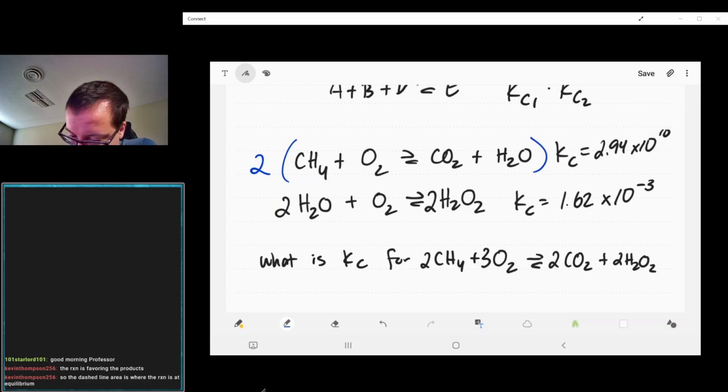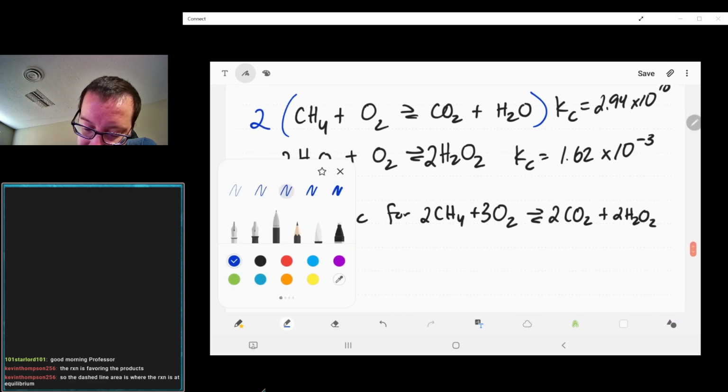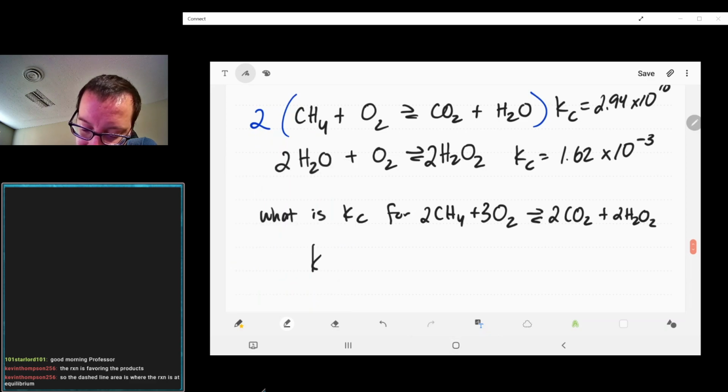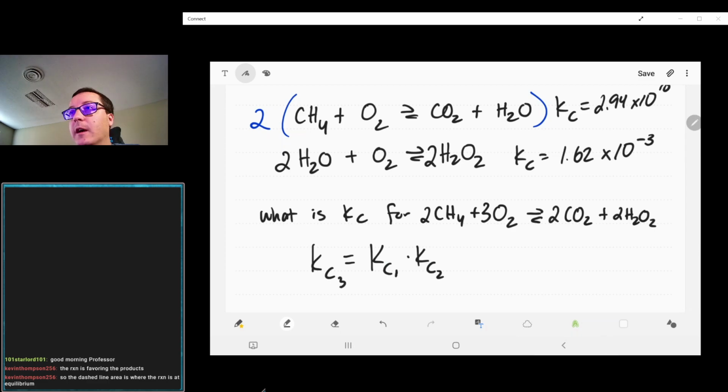If we do that, we know that the Kc for the combined reaction is going to be the combination. Anytime we're combining things, we're going to have to multiply them together.